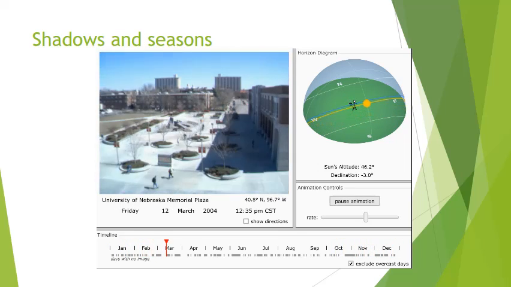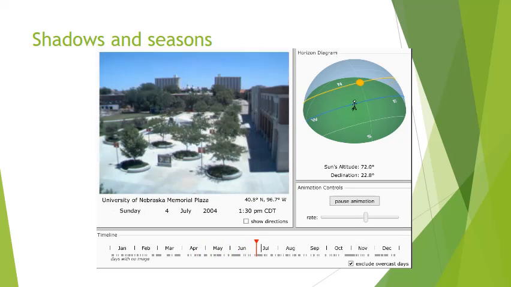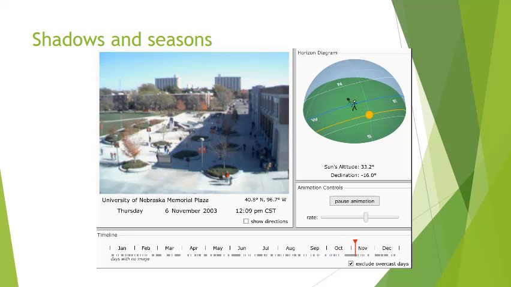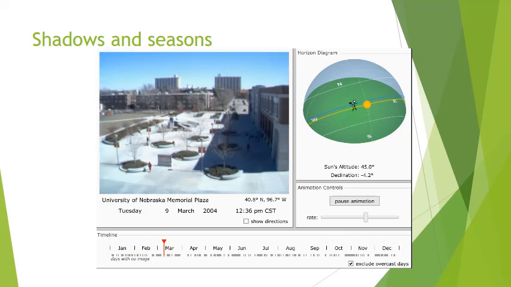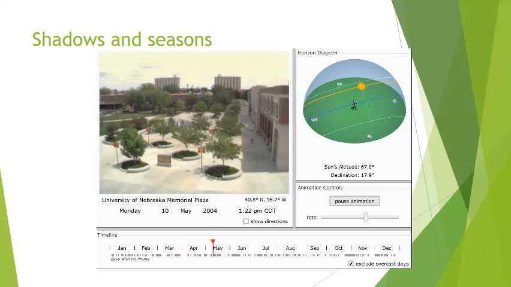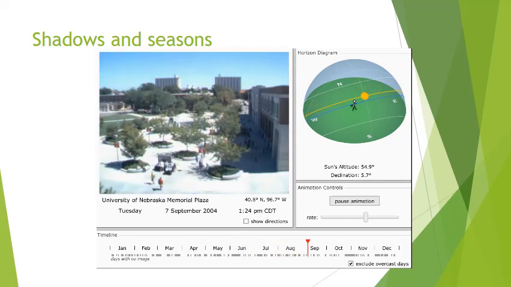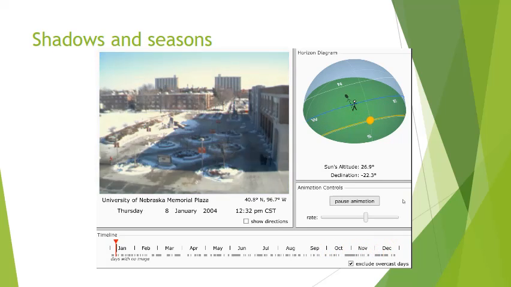And of course, the height of the sun, the angle of the sun, will affect the length of the shadow cast by the building, or cast by our little guy there. So notice that when the sun is lowest in the sky, which is in the wintertime, the shadow is the longest. When the sun is highest in the sky, which is June 21st, summer solstice, the shadow is the shortest. Ain't that something?